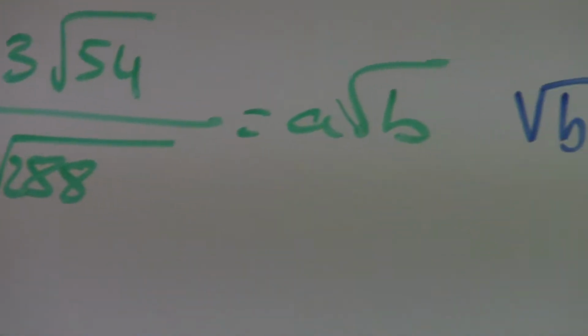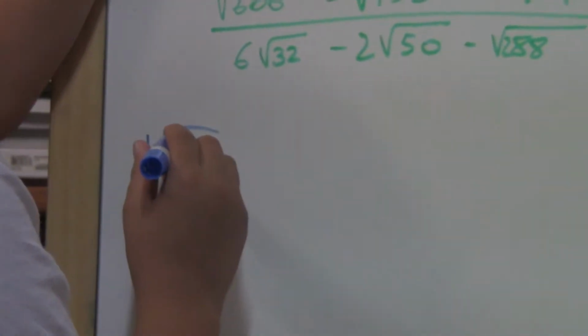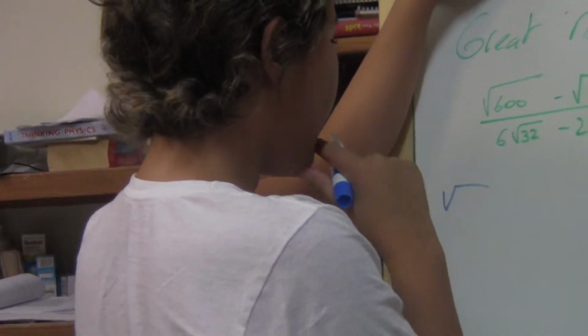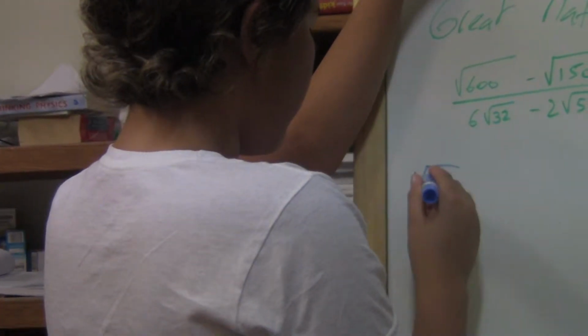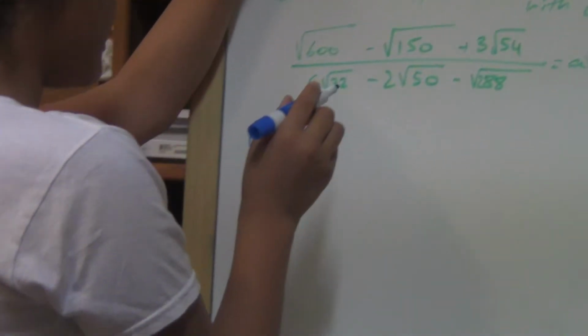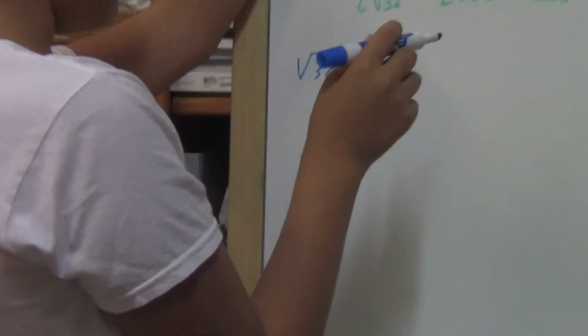Let me show you a smaller example. Say we're doing the square root of 30.